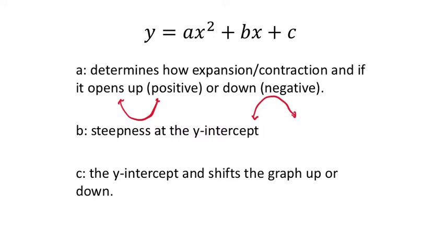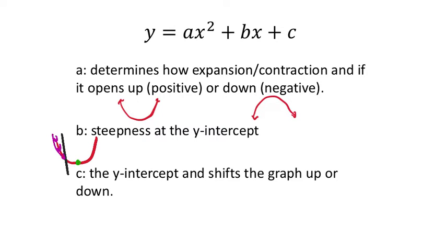Now this creates an interesting situation for us because the steepness at the y-intercept will depend on where one of these parabolas falls on the y-axis. For example, let's say that I have a smiley face like this. If my y-axis is somewhere to the left of the vertex, let's put the vertex right there, then we can see that this line is going downwards, right?